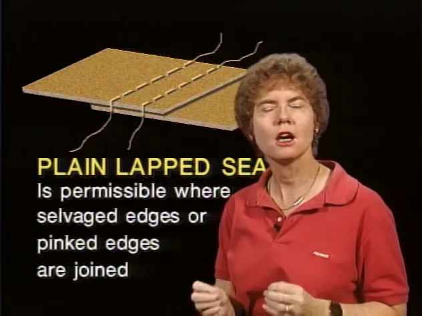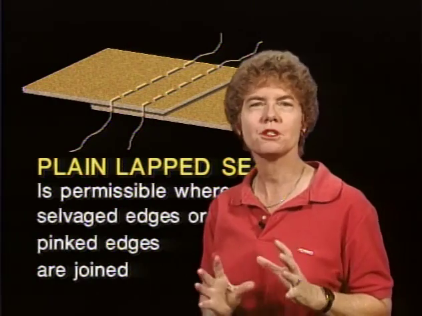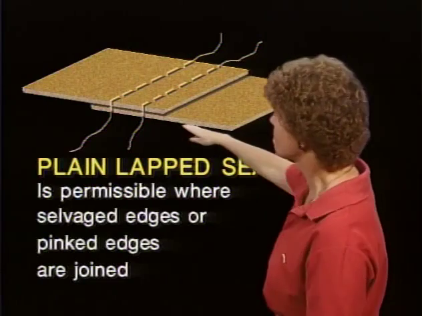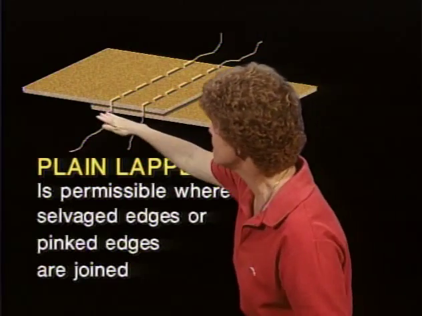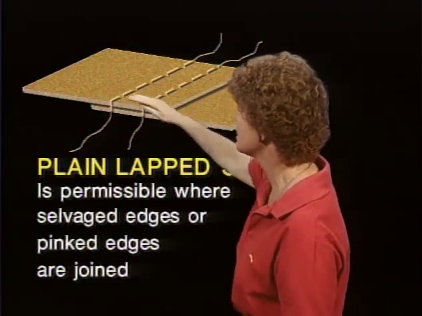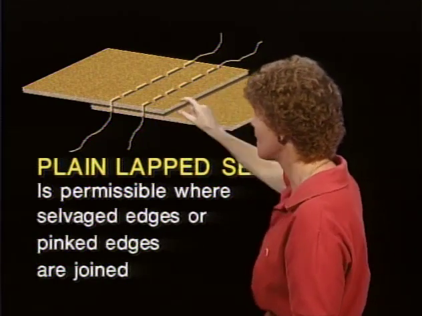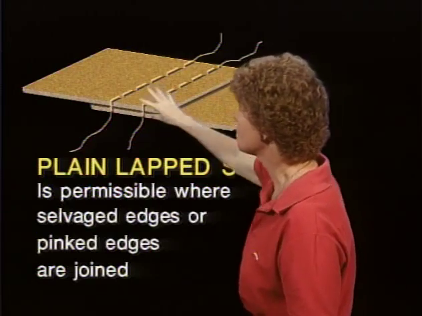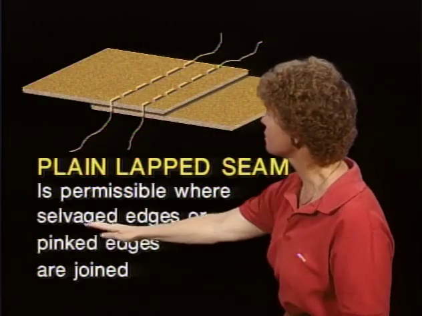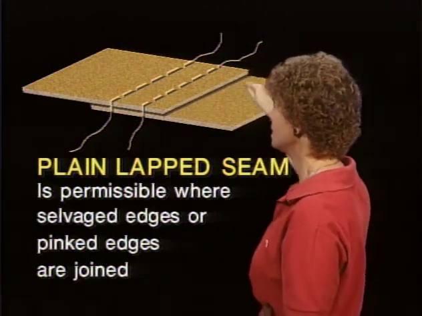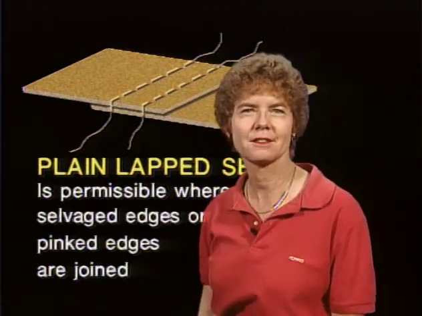Pinked edges are cut in a series of V's, and the purpose of doing that is it keeps the material from unraveling. With a plain lapped seam, the pieces of fabric are simply laid one on top of the other and then they're sewn, and you can do that provided the ends are not going to come unraveled. They're either selvaged edges, meaning woven, or pinked edges, meaning cut in a series of V's.